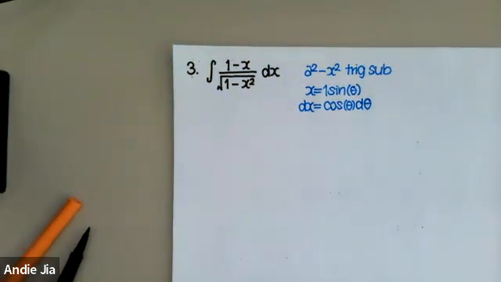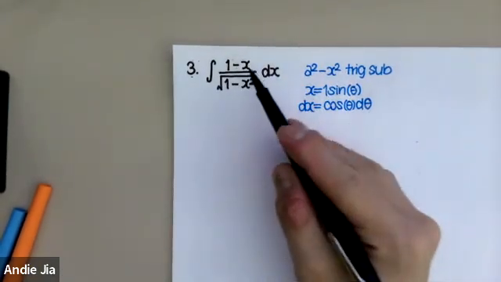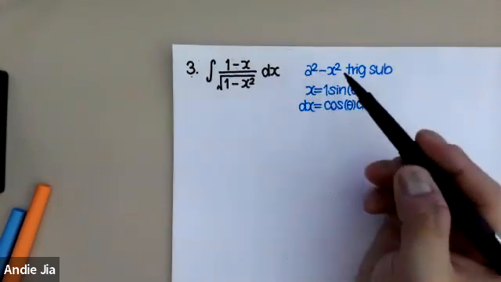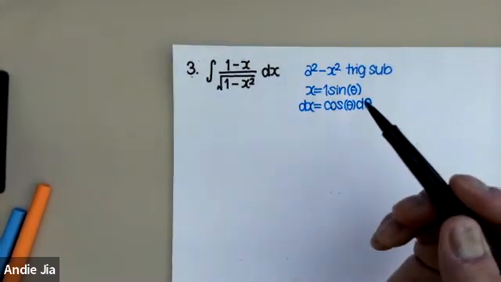Now just rewrite the new integral. Make sure, for this 1 minus x, it is going to be negative x plus 1.